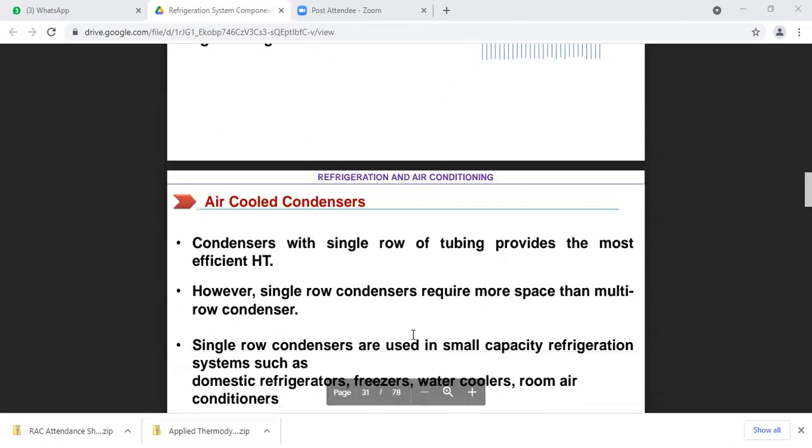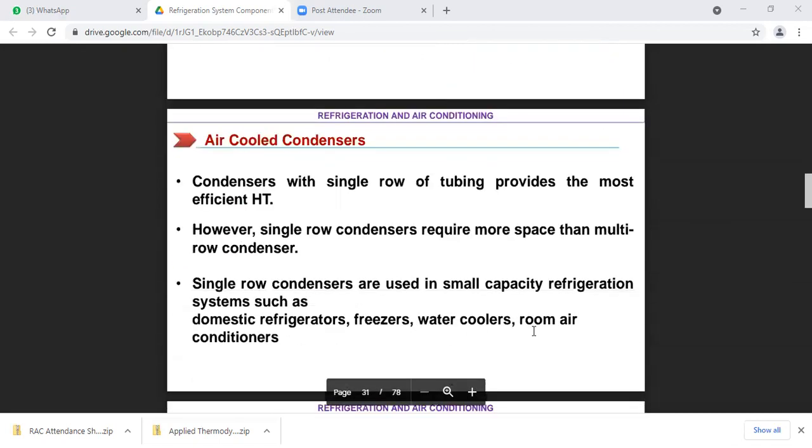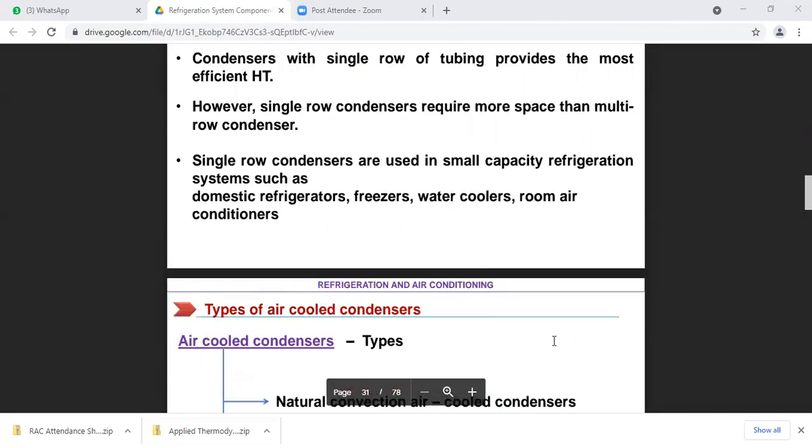In the air cooled condenser, a single row tubing provides the most efficient heat transfer. A single row condenser requires more space than a multi-row condenser, and single row condensers are used in small capacity refrigeration systems such as domestic refrigerators, freezers, water coolers, and room air conditioners.